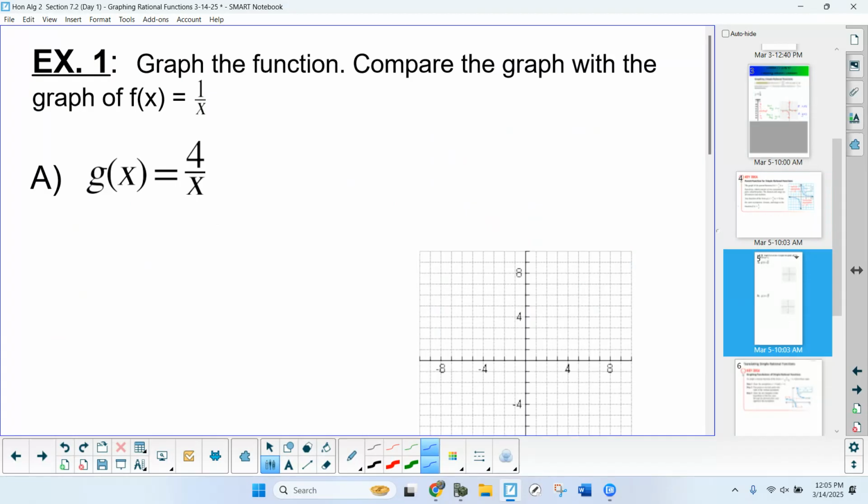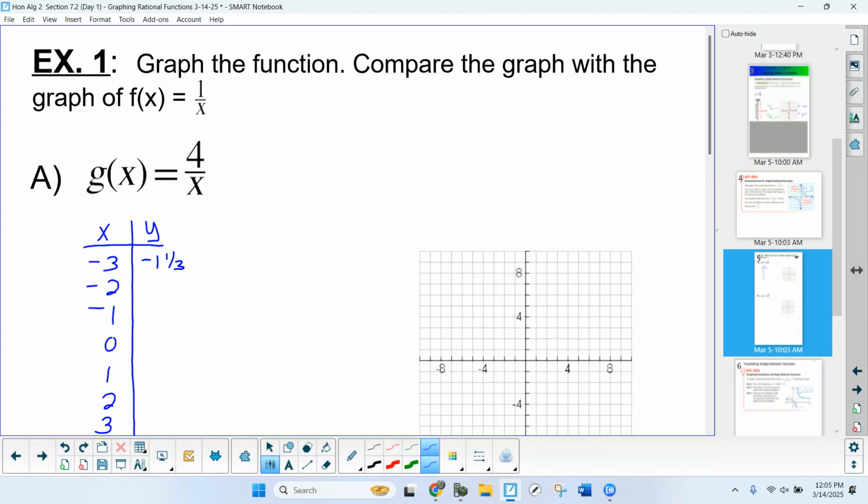Alright, so our first one here, let's make a table of values. And I'm going to use negative 3, negative 2, negative 1, 0, 1, 2, 3. So when you guys plug in negative 3, what do you get? Negative 4/3, which is negative 1 and 1/3. Okay, how about negative 2?